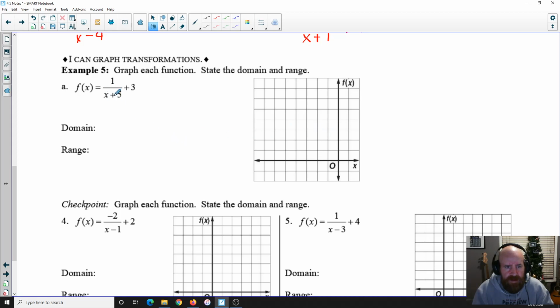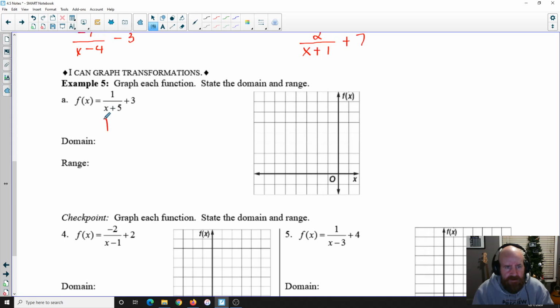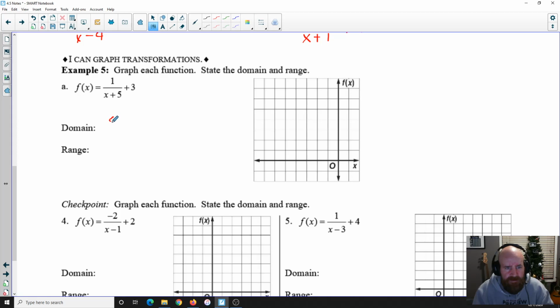Okay, so domain would be all x's such that x cannot equal negative 5. And the range would be all y's such that y cannot equal 3.